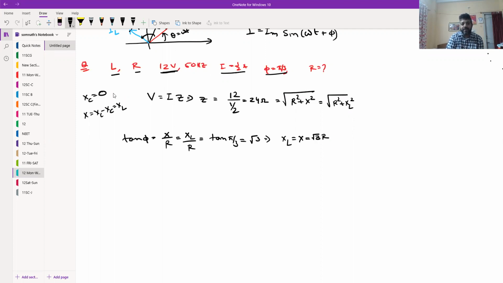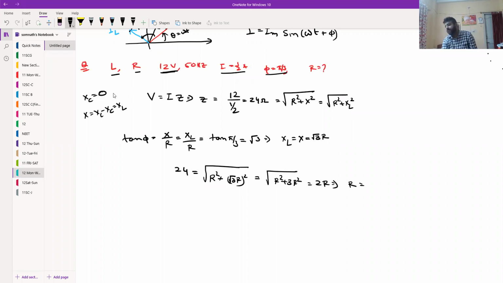So I can easily put it here: 24, that is R square plus XL square, you can write it as root 3R whole square. After solving this, you have R square plus 3R square, that is 2R. So it is very clear, R equals 12 ohm.